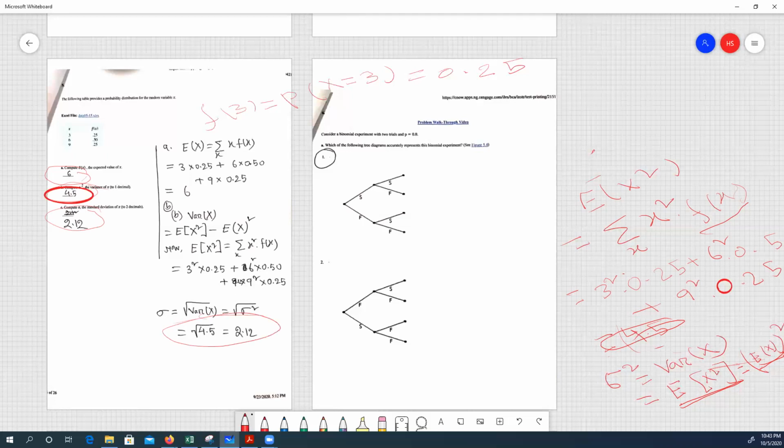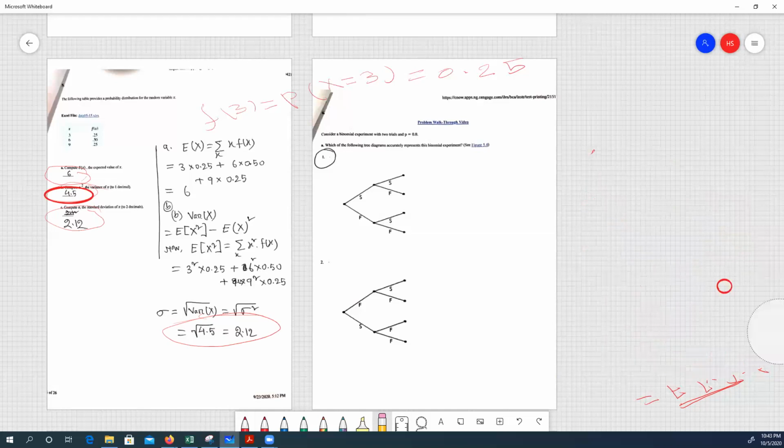Okay, so the next problem is, consider a binomial experiment with 2 trials. So what is a binomial experiment? A binomial experiment means the experiment has only 2 possible outcomes.